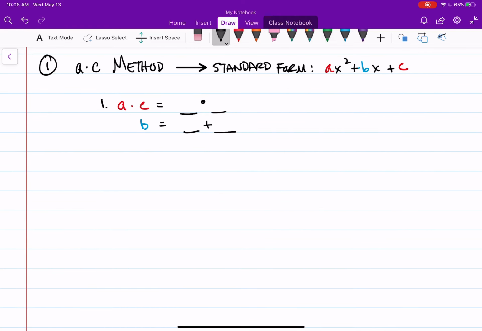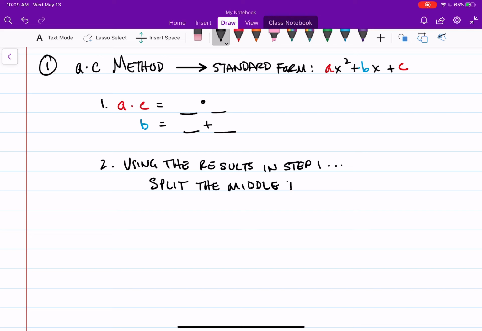Step two is to split. I should say, using the results in step one, split the middle term, which is bx.